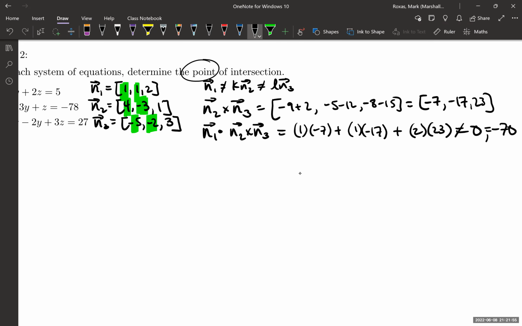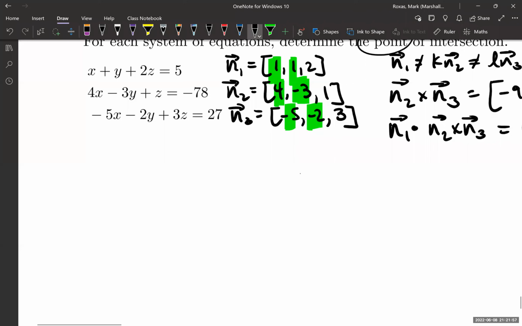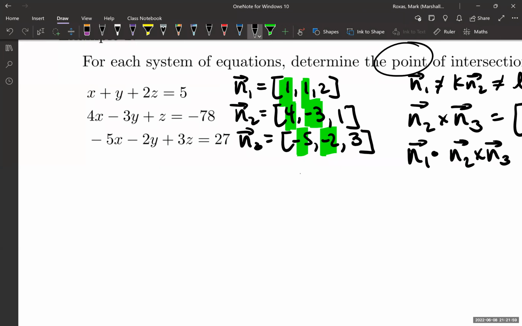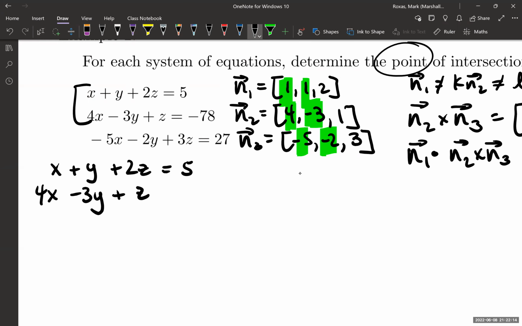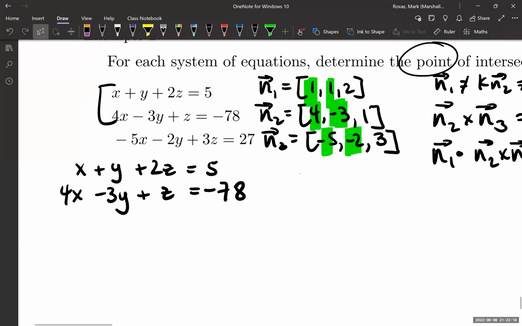And so here goes how we solve a point of intersection when we have 3 equations and 3 unknowns. I'm going to start with these first two: x plus y plus 2z equals 5, and 4x minus 3y plus z equals negative 78. It's fine that these equations are not equal to 0; we just move the constant over to the right side.